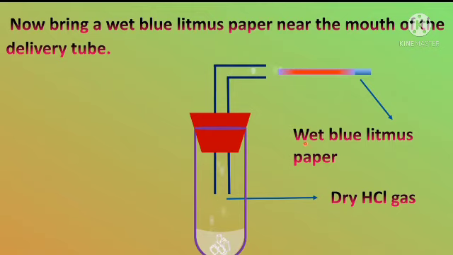So that means the dry HCl gas is not reacting with the dry litmus paper, but it is changing the color of the wet blue litmus paper to red.